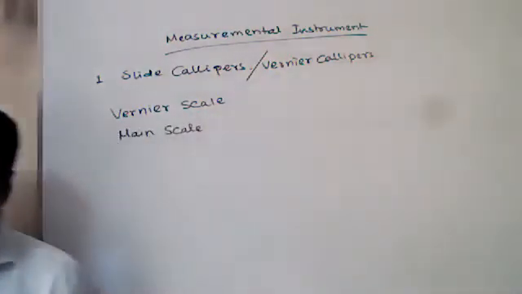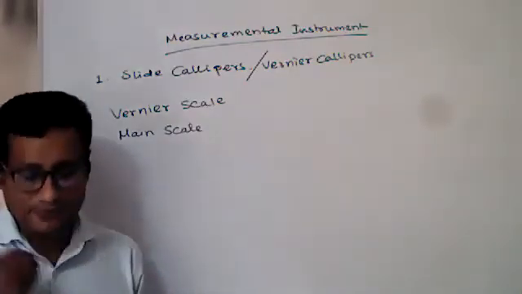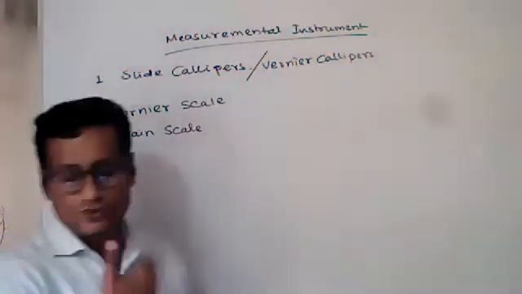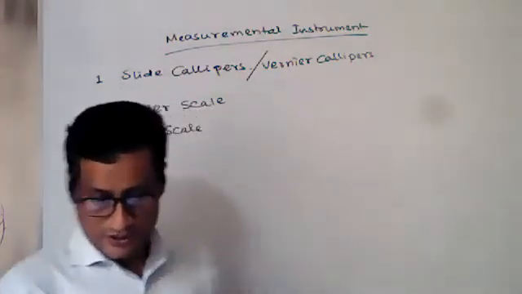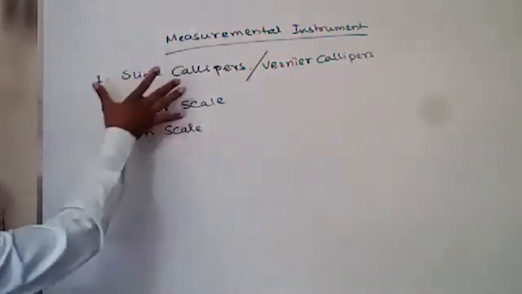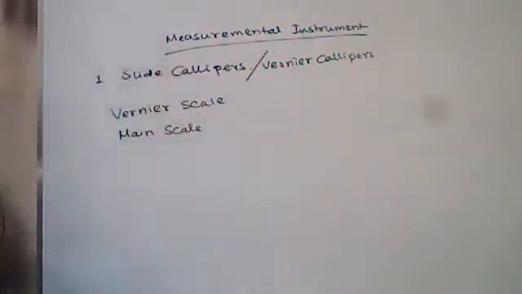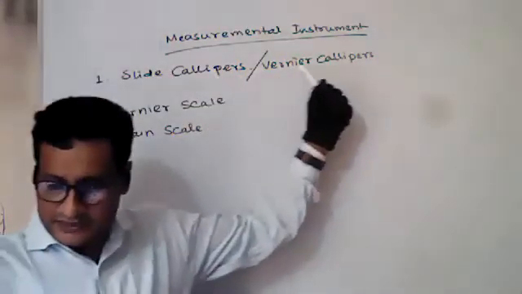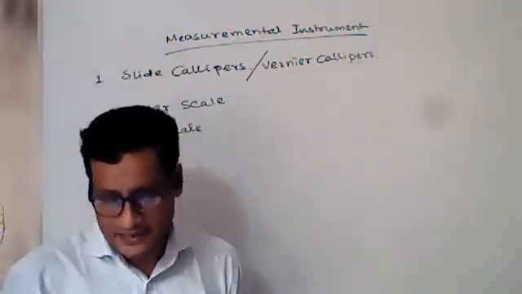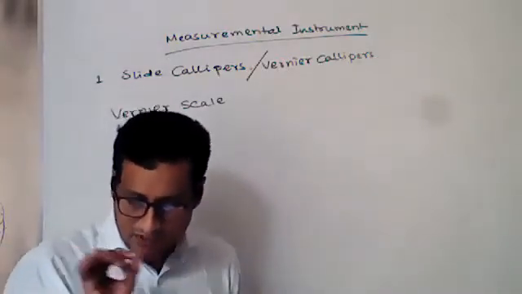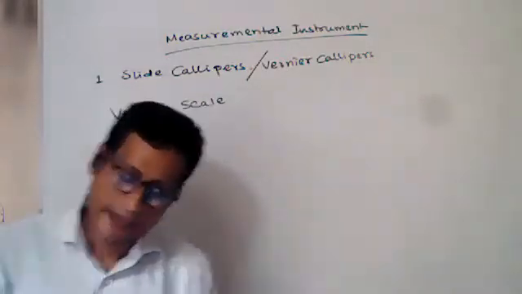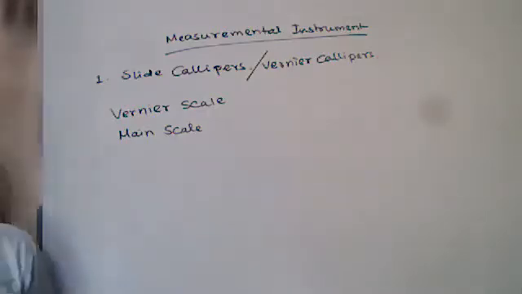But the Vernier scale is moved from one place to another, to and fro. This instrument was invented by Pierre Vernier. So another name of this instrument is Vernier calipers.